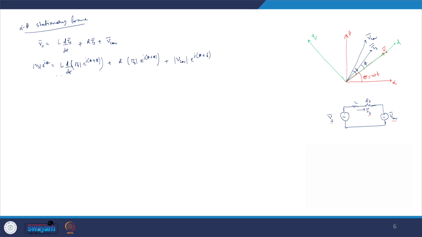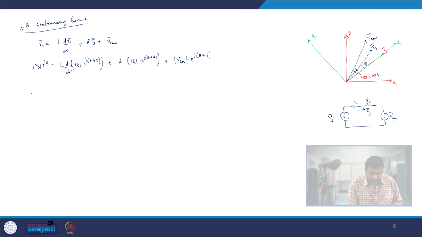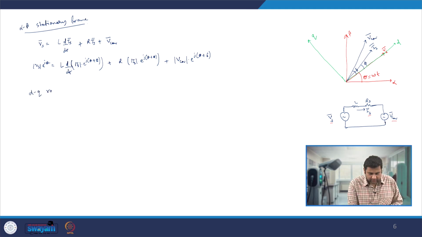Now let us move this to the dq rotating frame, or synchronous rotating frame. Let us say this is equation number 1.